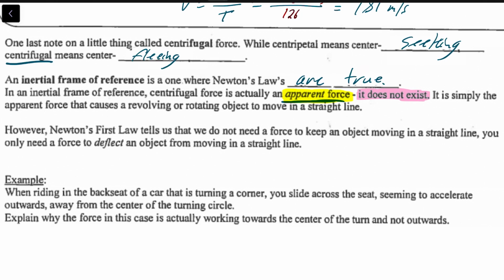not some force. So if I were to draw that circle, imagine you're on the wall here. If you're spinning around, your body wants to continue going this direction, but the wall of the ride pushes you towards the middle of the circle, preventing you from flying outwards with your inertia.